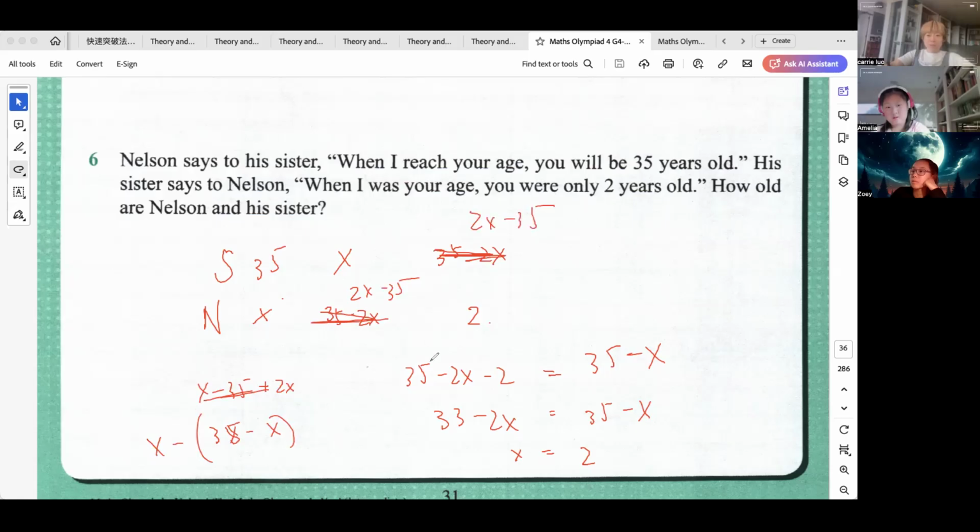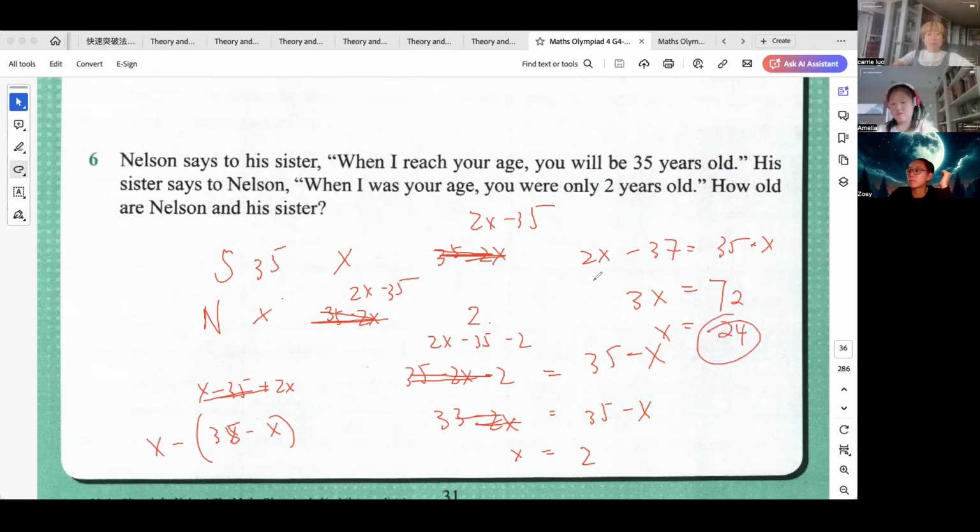So 2X minus 35 minus 2, sorry. So the equation is 2X minus 37 equals 35 minus X. So it's 72 equals 3X, so X equals 24. So the sister right now is 24 years old. Nelson is 24 times 2, 48, minus 35 equals 13.